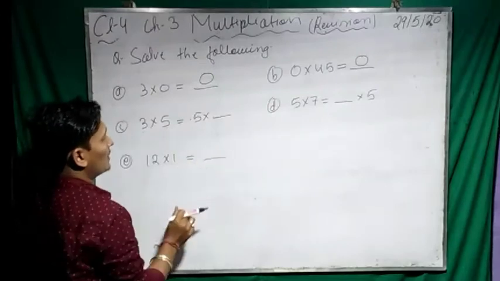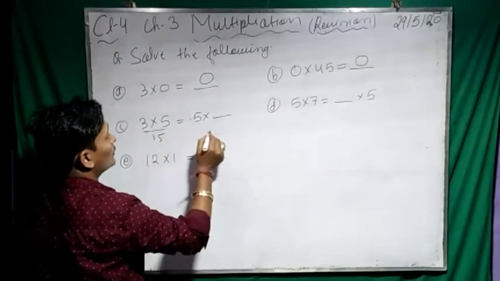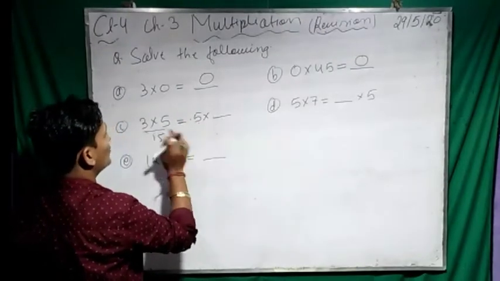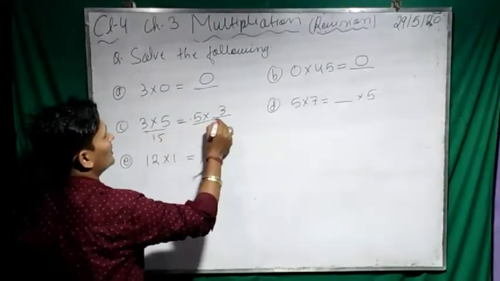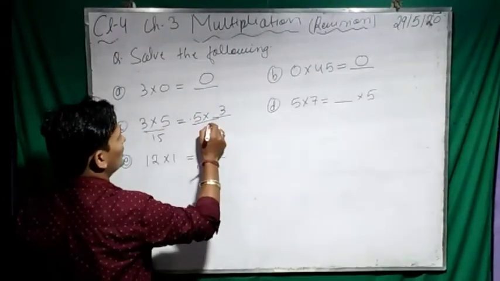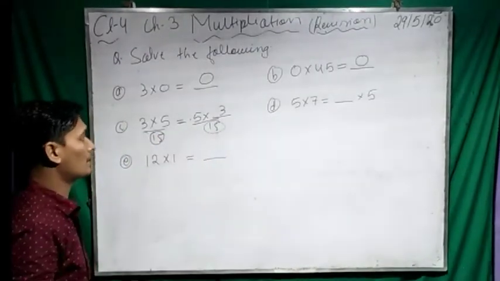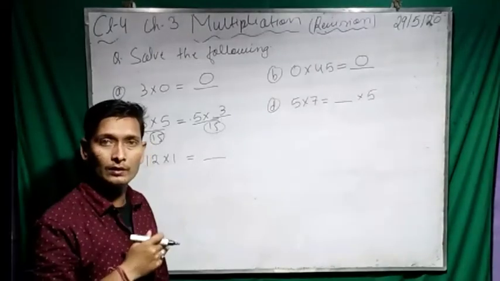What will we multiply here to get the same answer? 3 times 5 is 15, and here also we have to get 15, because the equal sign is there. So what will we multiply here? 5 times 3 is 15. So 3 times 5 is 15 and 5 times 3 is also 15. Got it? So this is what property? Commutative property of multiplication. Now we have learned all this in class 3.